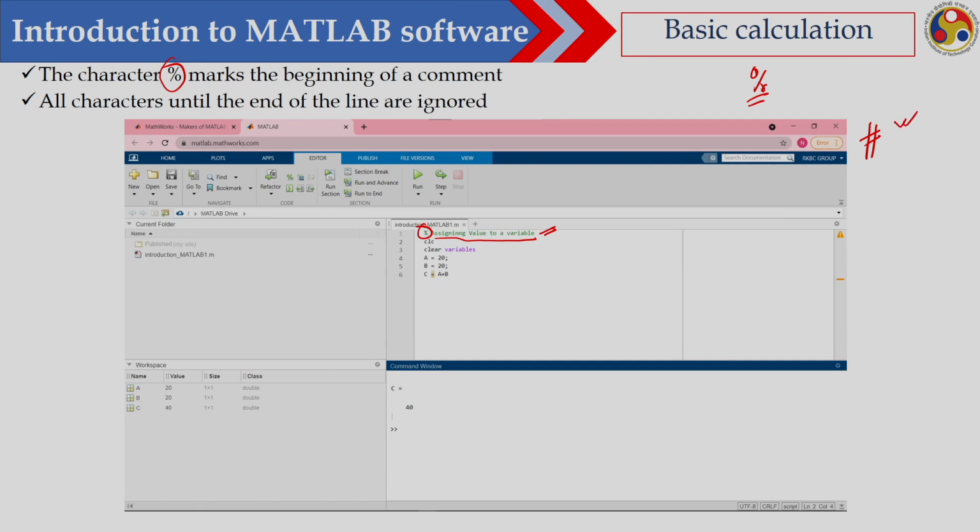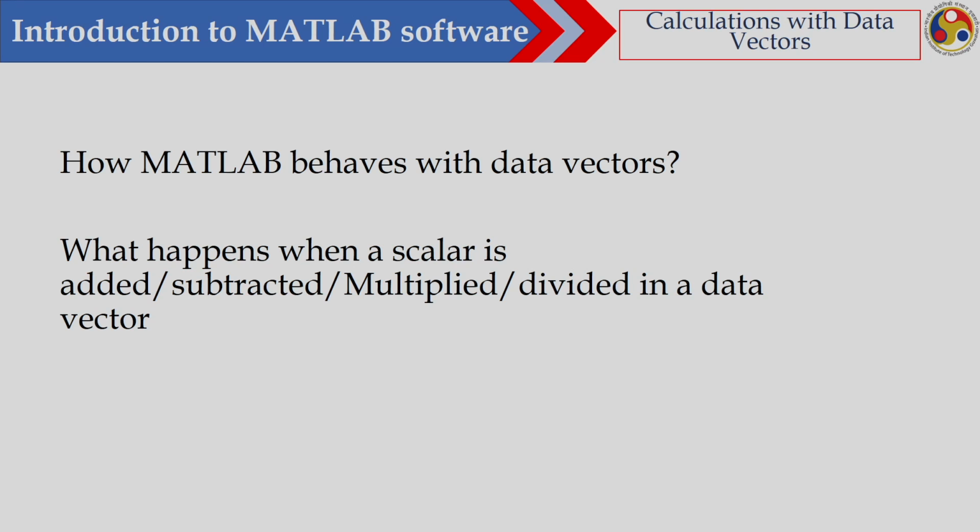But in MATLAB we have to use the percentage symbol. Then this line will not be executed and the rest of the lines will be executed. These 5 lines will be executed and I am getting the value here. Now, let us see how MATLAB behaves with the data vector.